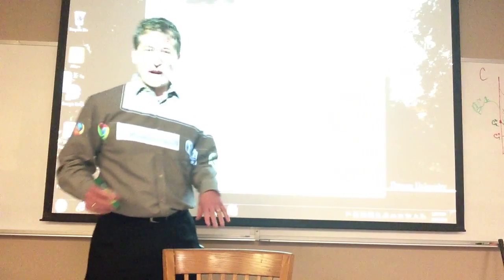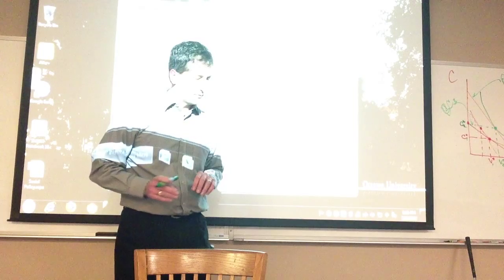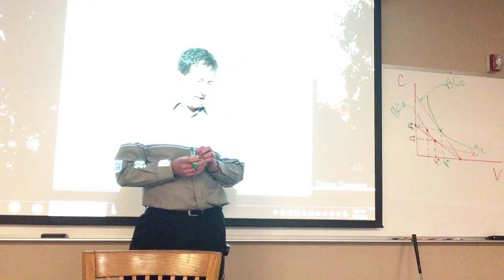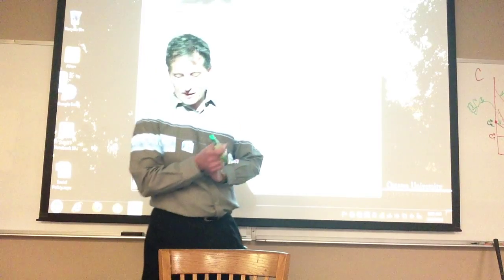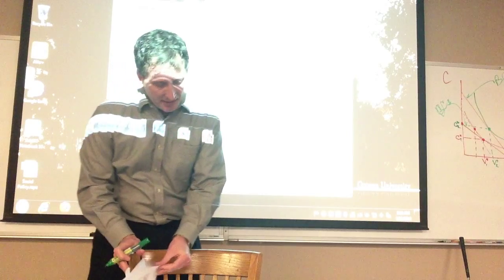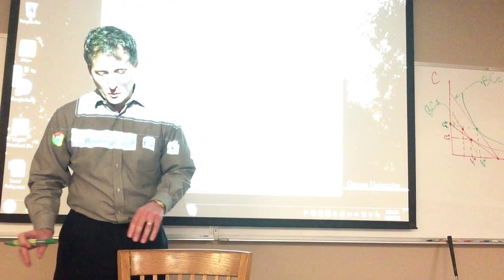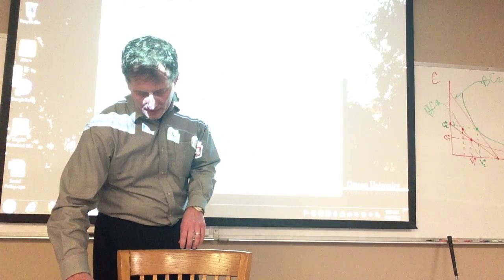So on your graph, what is that amount? On your graph, where does that look like roughly? If you're eyeballing some units or whatever, what is that substitution effect? 14 and 6.